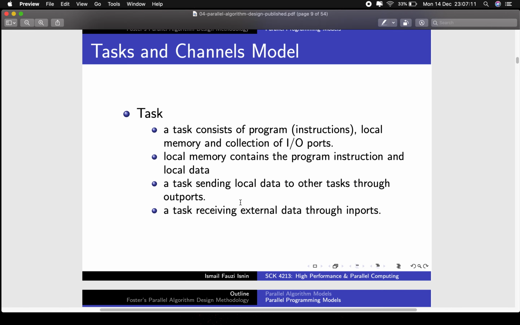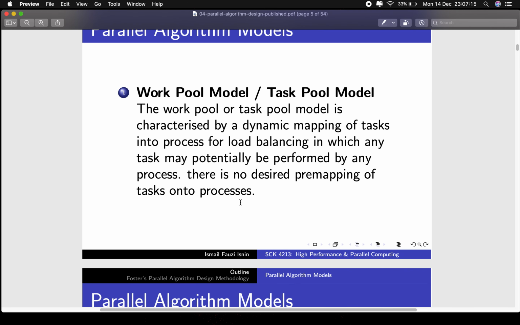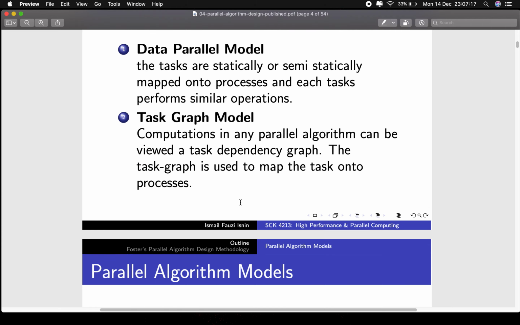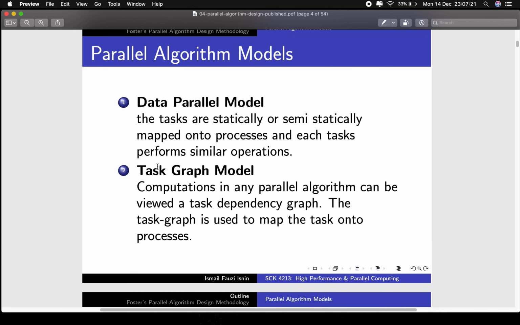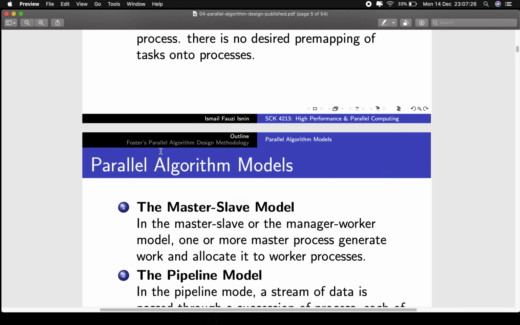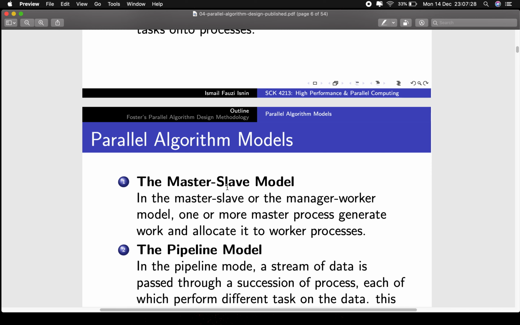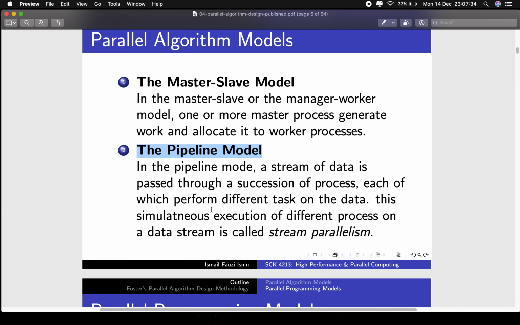Let me go back first. There are 5 models under parallelism, which are first the data parallel model, the graph model, and then the work pools model, the master slave model, and lastly the pipeline model.